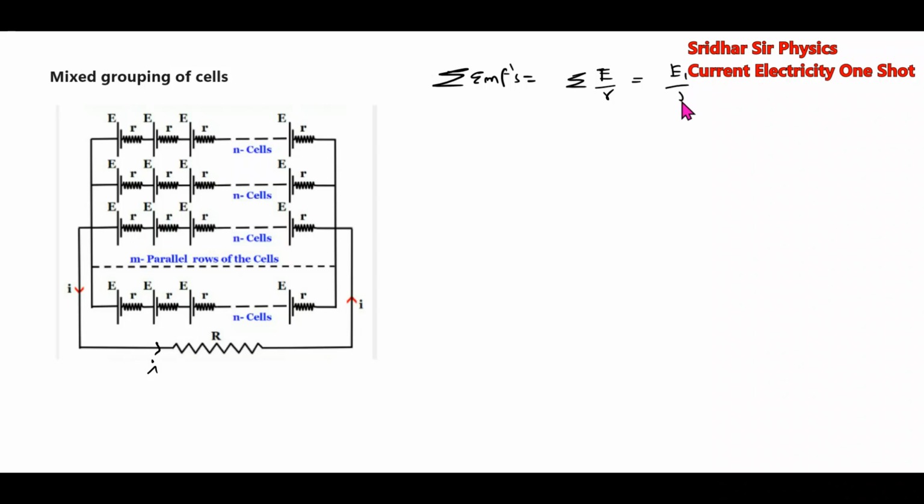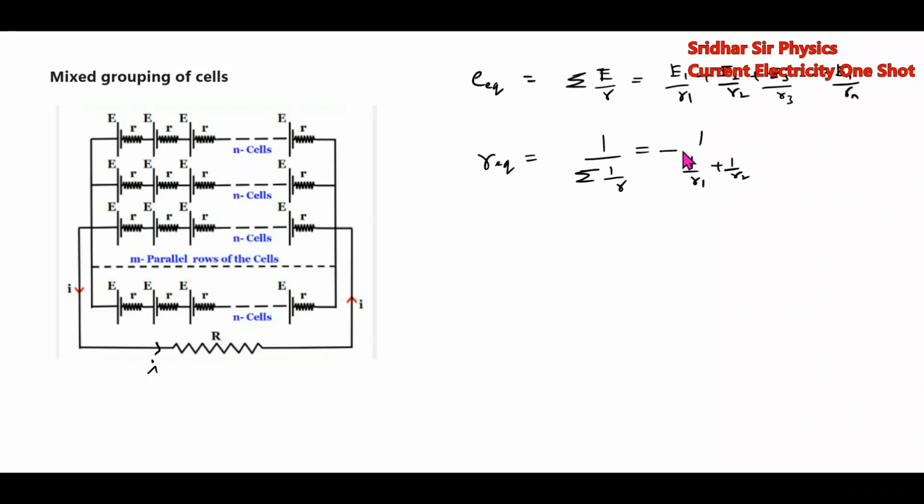This will become E1 by r1, E2 by r2, E3 by r3, up to En by rn, divided by the summation of 1 by r. For R equivalent, 1 by R equivalent is the summation of 1 by r: 1 by r1, 1 by r2, up to 1 by rn.